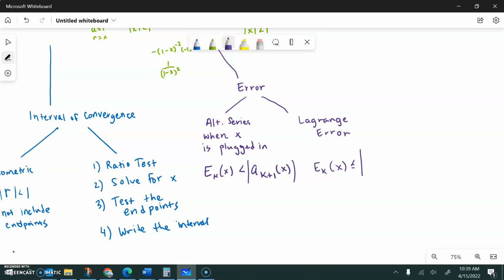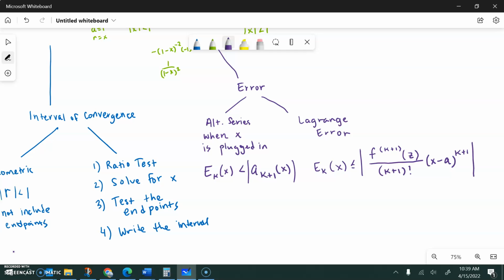It's the next derivative evaluated at some value z divided by the next factorial times x minus a to the next power.